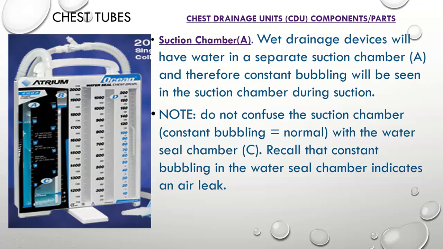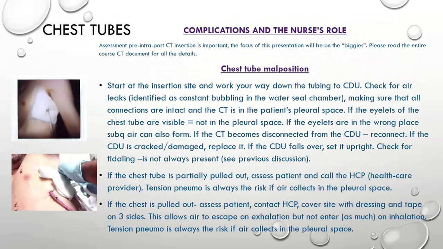The biggest testing warning is that if there is constant bubbling in the suction chamber, that's normal. But if you're being asked about the water seal chamber, a totally separate chamber, constant bubbling is abnormal. So don't get fooled on the test exam questions, whether it's NCLEX, ATI, or critical care.